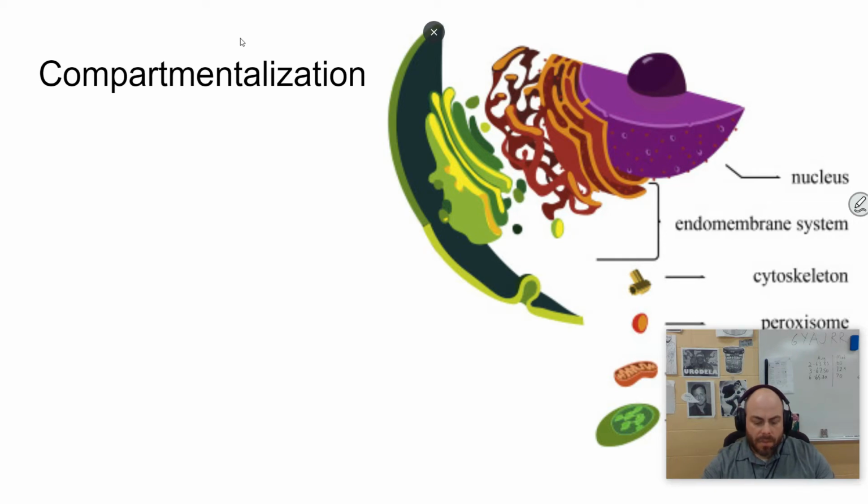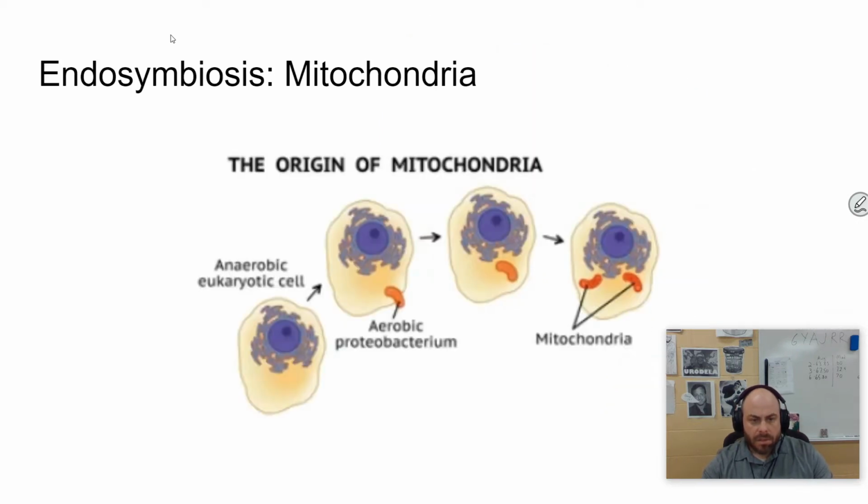But there's a couple of other differences there. Some of the different organelles have some different origin stories. For the mitochondria, the idea is that they evolved from previously free-living prokaryotes that were engulfed by a previous cell. So you have an aerobic prokaryotic cell, and aerobic means able to breathe oxygen, that was engulfed by an anaerobic cell through endocytosis.